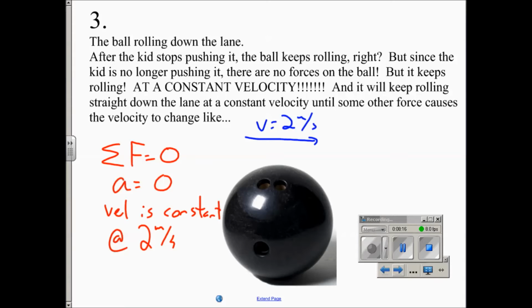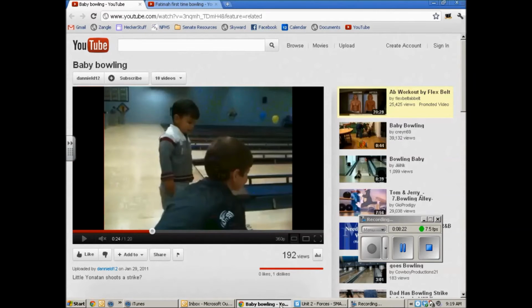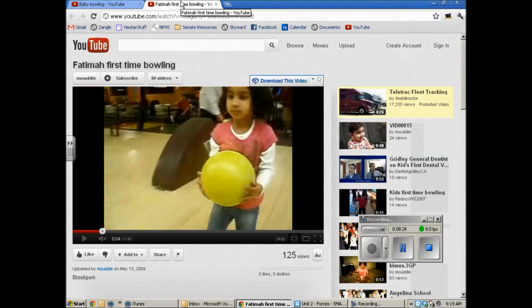Again, if you need a visual on it, here's another little video. All right, different kid. Same idea. So here she is. I don't know who this is, some kid from YouTube. She throws the ball. Hey, yeah, here's the force. Now the ball is moving.